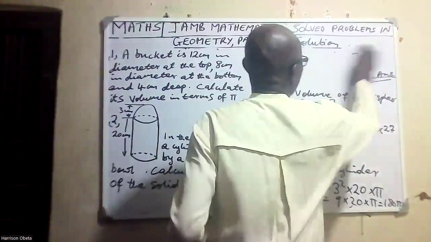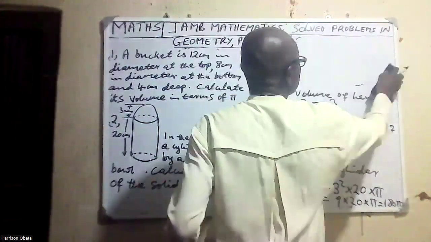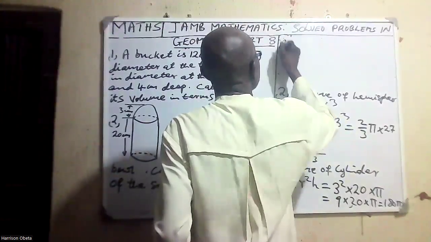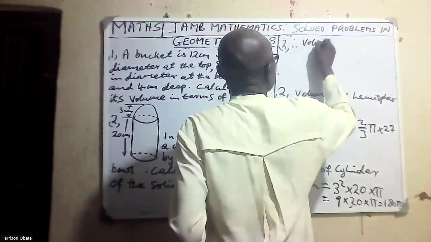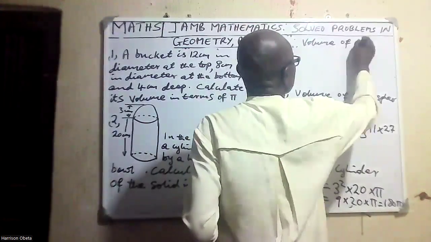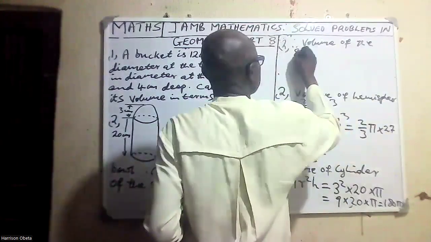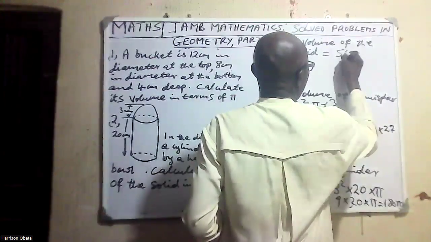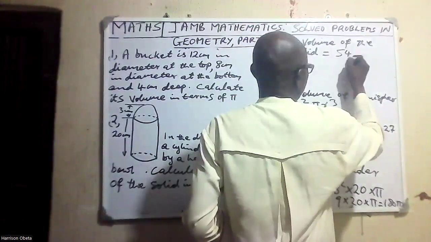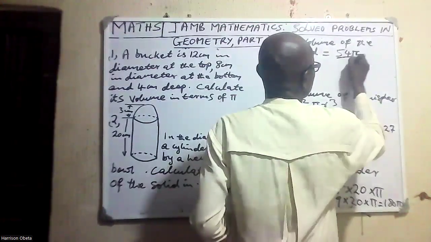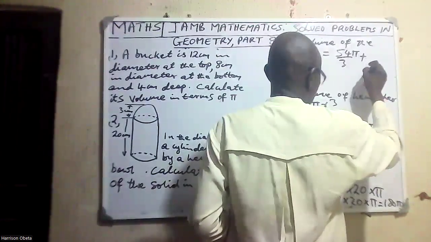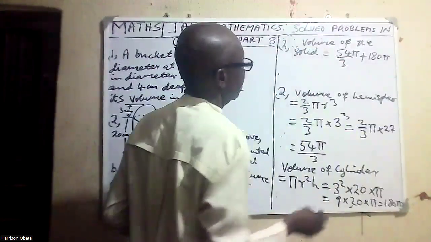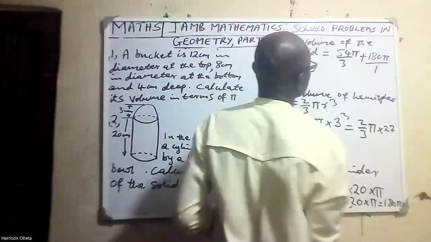And then coming up here, therefore volume of the solid is equal to 54 pi over 3 plus 180 pi all over 1.